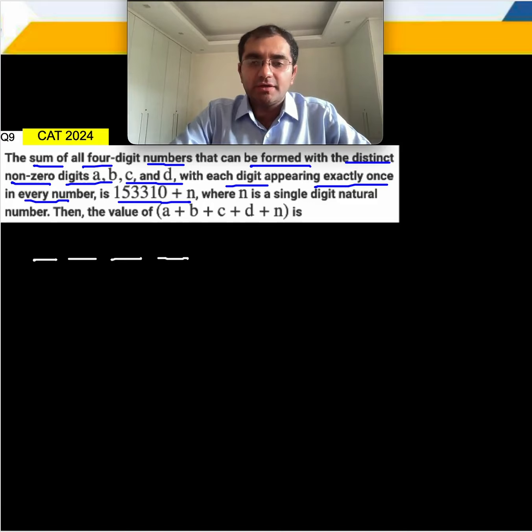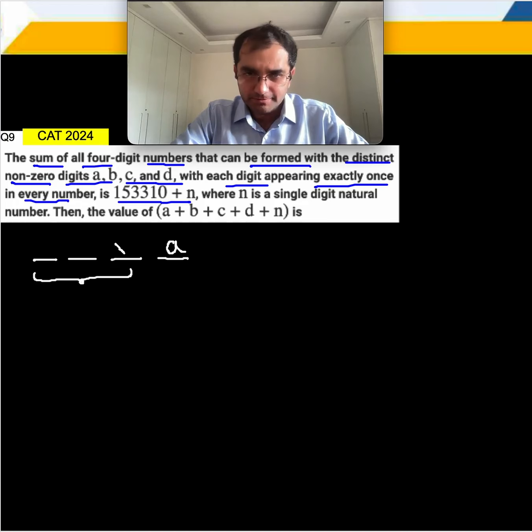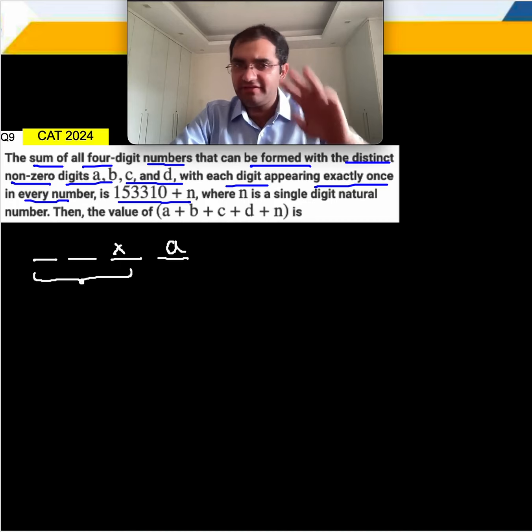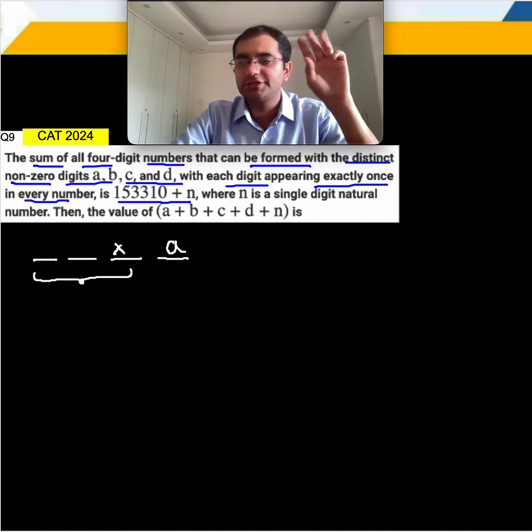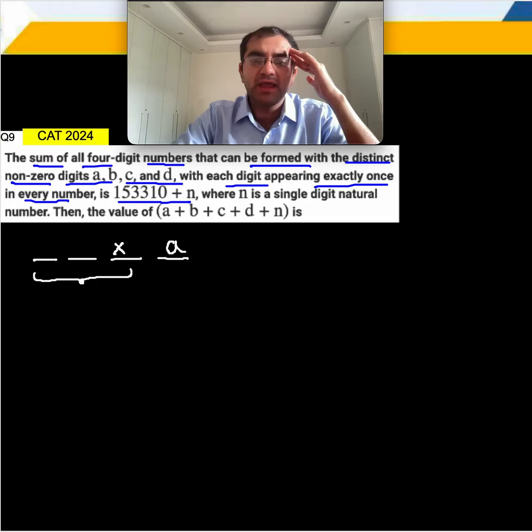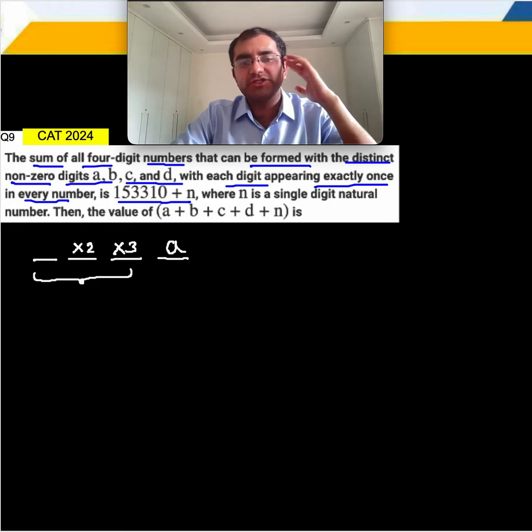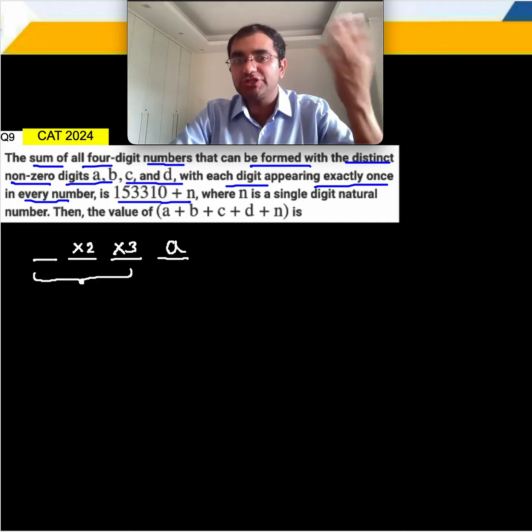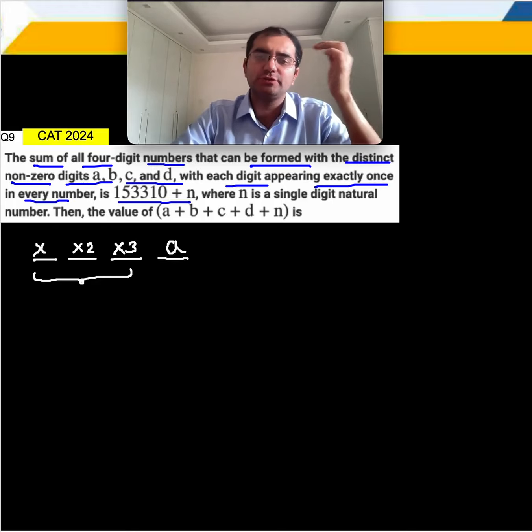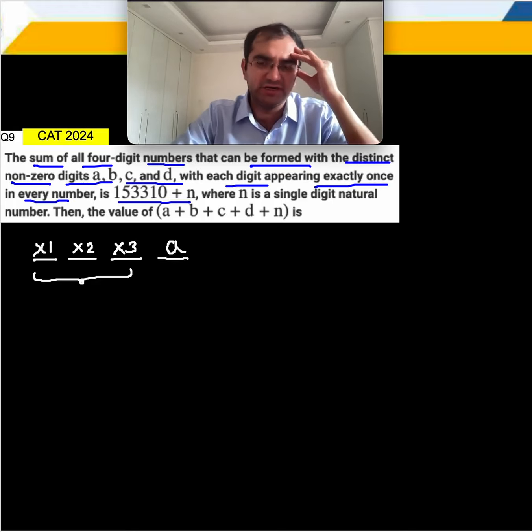So we take 4 digit numbers. Let's say the units digit is a. ऐसे कितने numbers हैं with units digit a? One place can be filled in 3 ways because you have a आ गया, तो 3 digits बचे हैं fill करने को, BCD. तो 3 ways. दूसरा digit, दूसरा place position 2 ways. तीसरा last position के लिए 1 way because there will be 1 digit left.